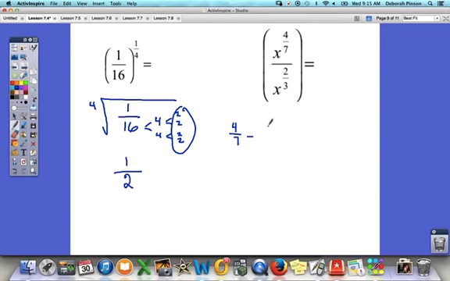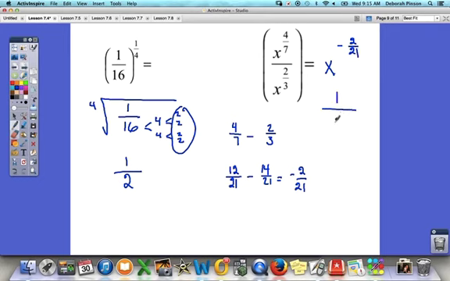So 7 over 4 minus 2 over 3, so I'd better get a common denominator. So 21, I'm going to multiply by 3, and here I'm going to multiply by 7. So I'll get negative 2. Okay, so this is x to the negative 2 over 21. So I'm going to do two things.